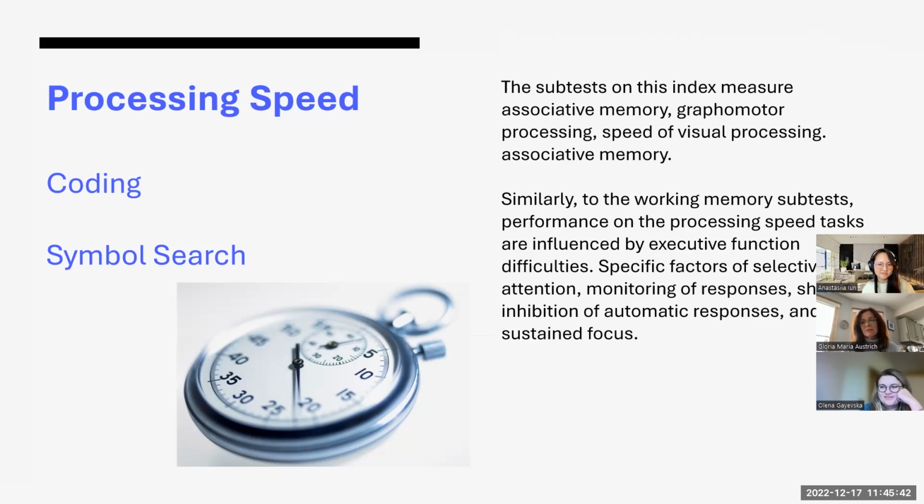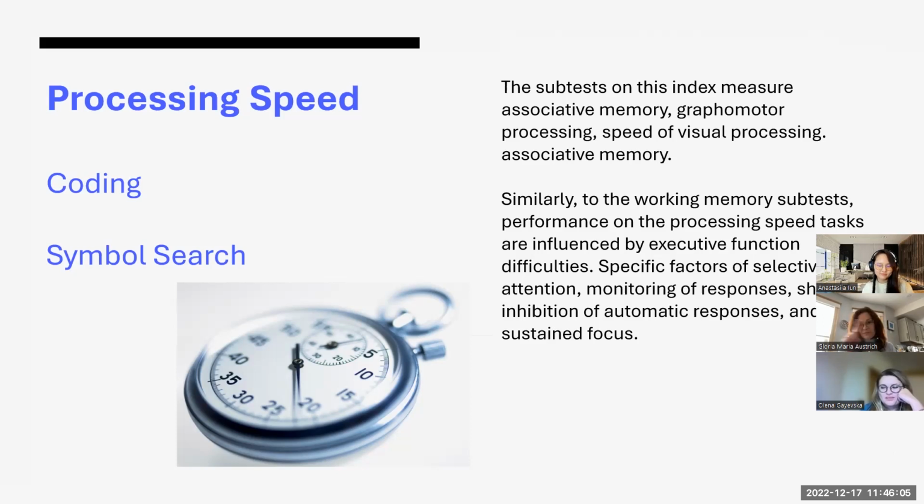Are you really focusing and monitoring and being able to inhibit interference from the outside to get your task done? And also, how your eyes work together. So visual perceptual skills also may be a red flag if a student really has a hard time being able to copy the symbol.